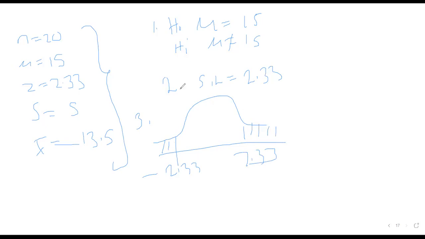Z calculated. 13.5 minus 15, divided by 5 over the square root of 20.